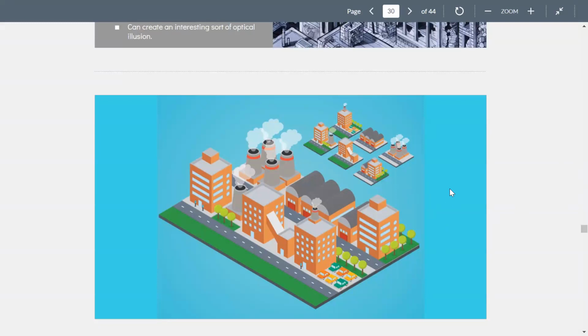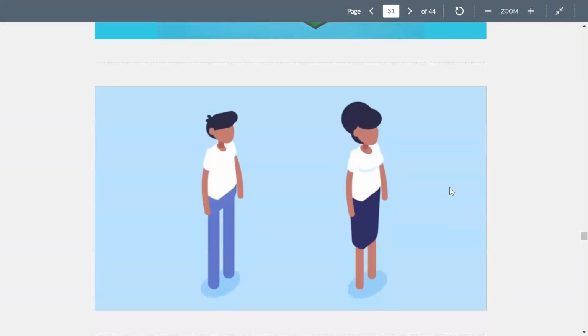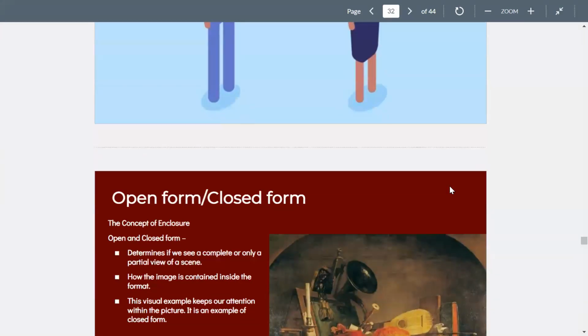You will find these two options in software as well. When you develop 3D models in software, you will find these isometric and perspective options. This is also an isometric projection.